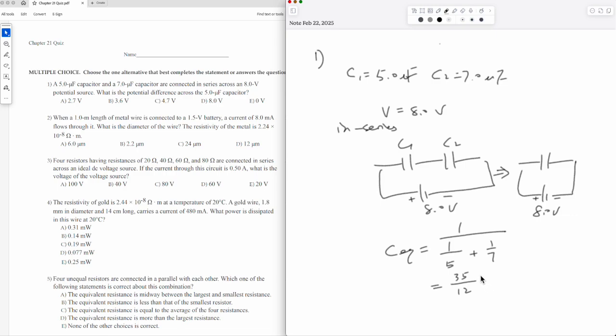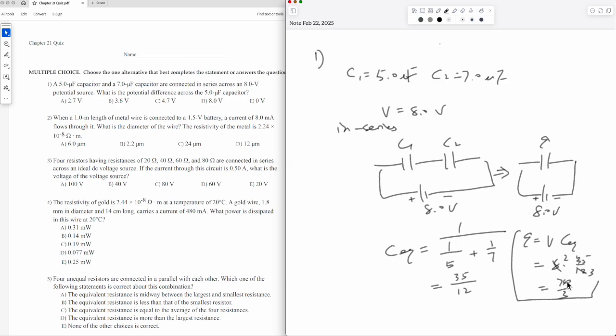Okay, so this is equivalent capacitance. Then what is amount of charge? Okay, amount of charge on this one will be Q equal to you see voltage here times C equivalent, right? So it's 8 times 35 over 12. So 70 over 3. So this is the amount of charge.